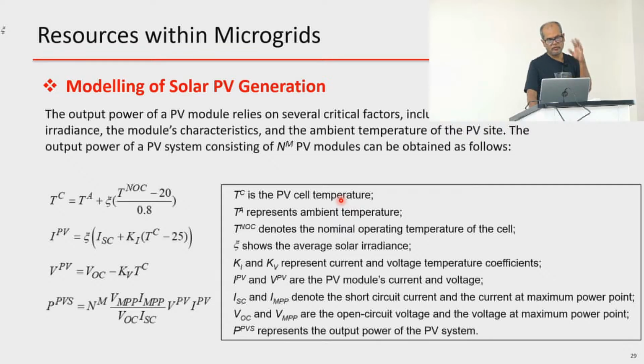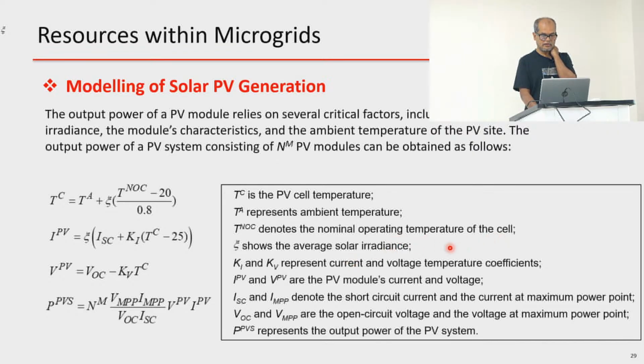For PV, there is another PV based microgrid lecture, so I'll just skip this one. But again, PV is normally modeled like a diode, a PN junction, where the output depends not only on the radiation but also on the ambient temperature, cell temperature, and nominal operating temperature of the cell.